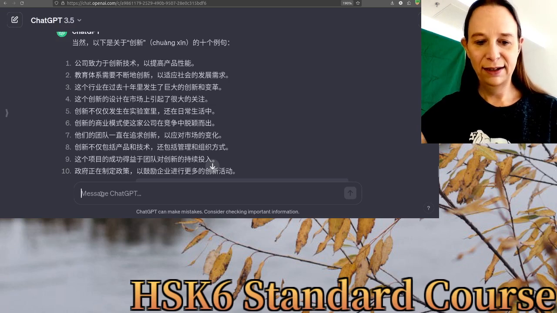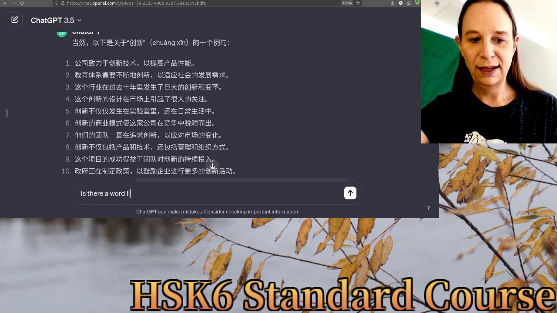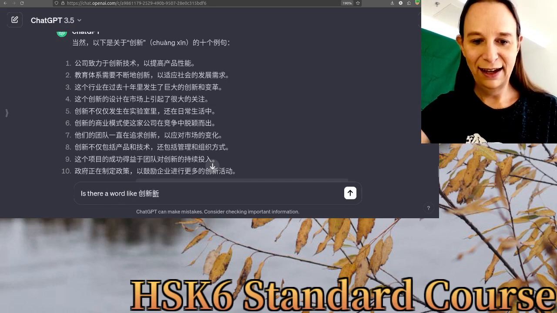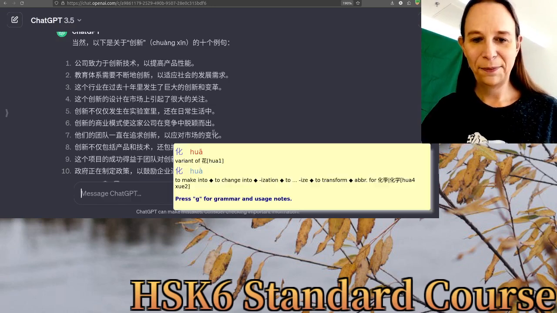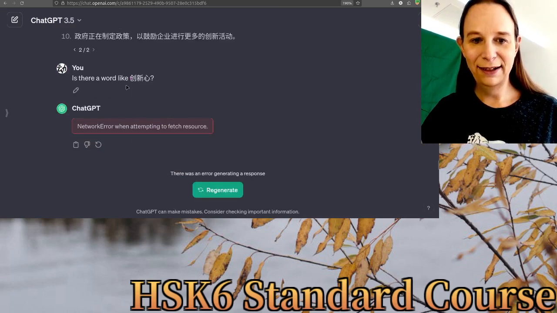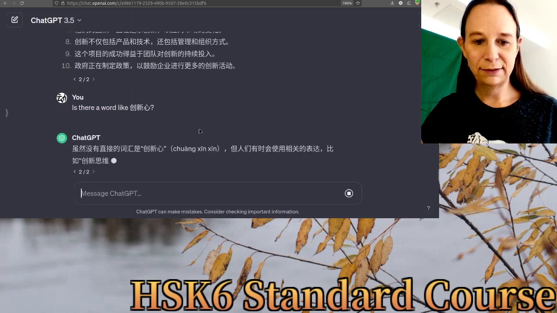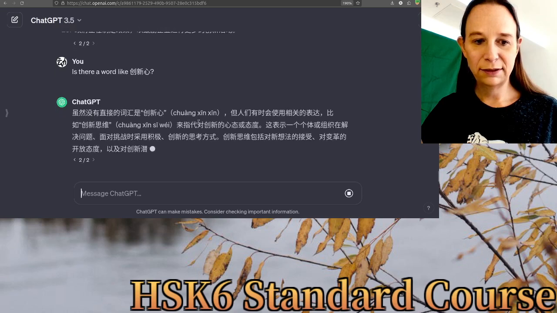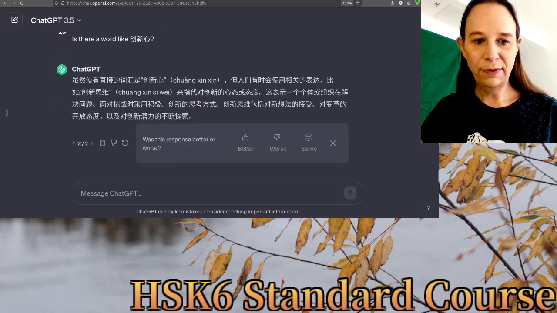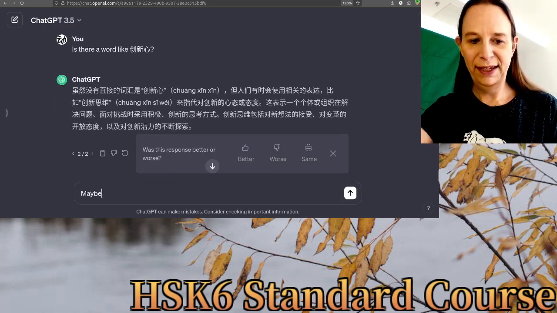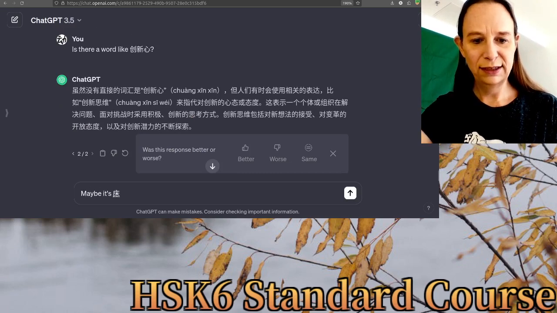And is there a word like 创新? I remember there being a word like this. This is not a word. Maybe it's 创立新 or something like that. Maybe it's 创立.